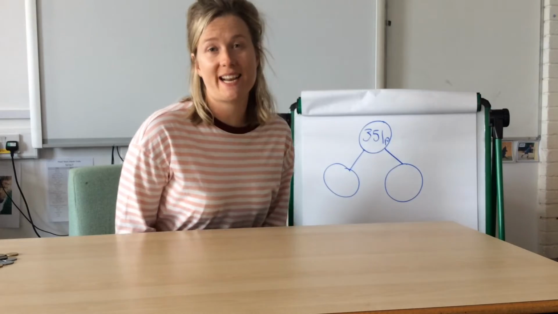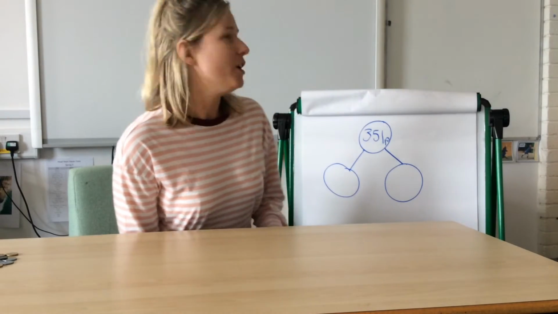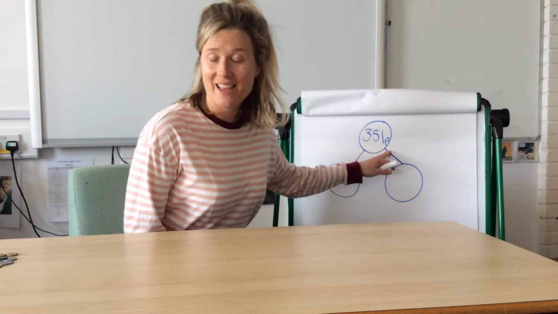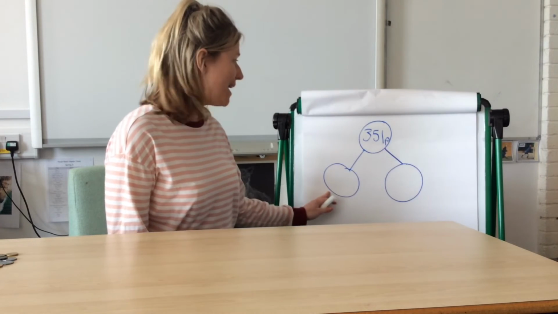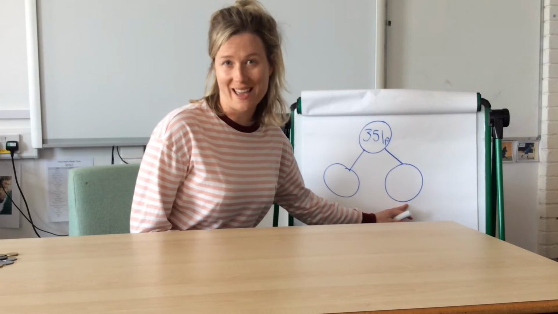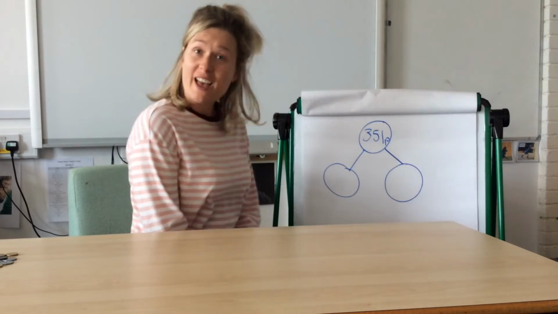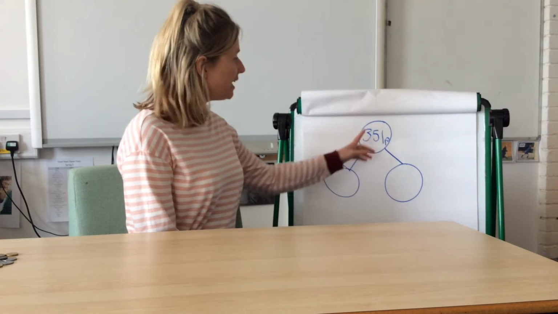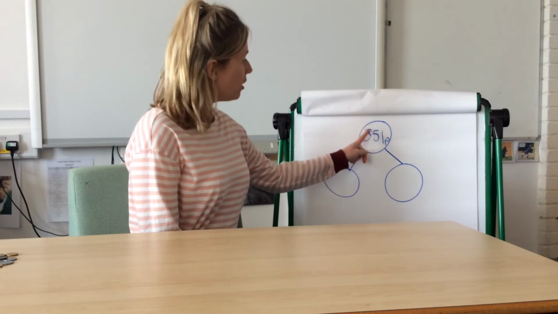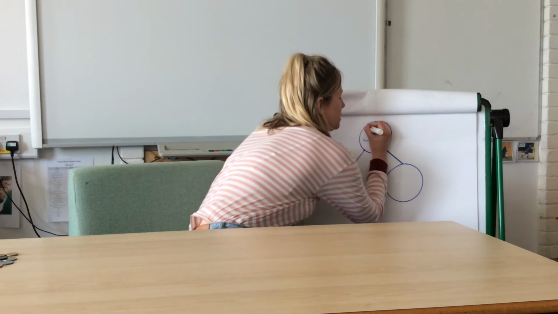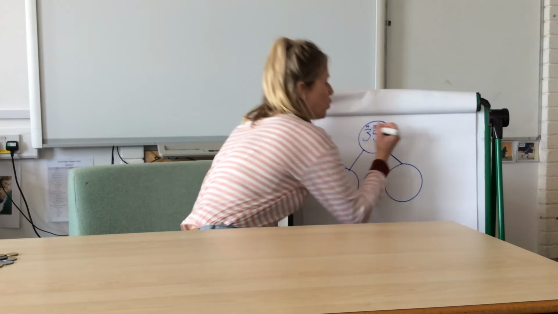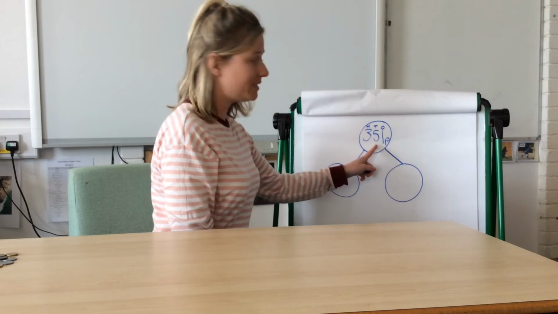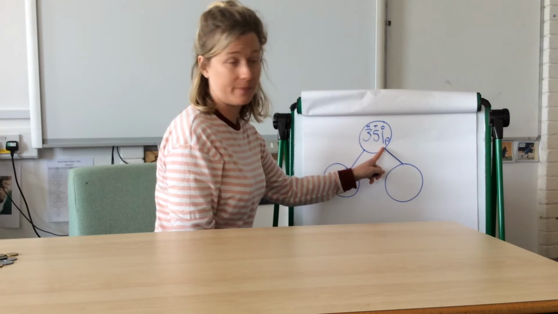Let's try converting our pence into pounds. So if I have got 351p, how would I change that into pounds and pence? Let's do one together. Now I know that there are 100 pennies in £1. So how many hundreds have I got here? I have got 3 hundreds, 5 tens and 1 one, haven't I?